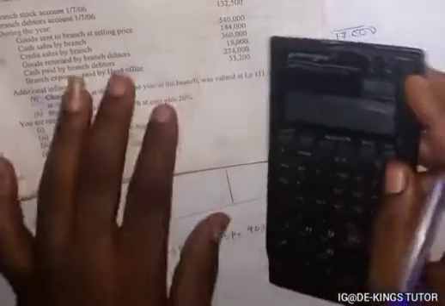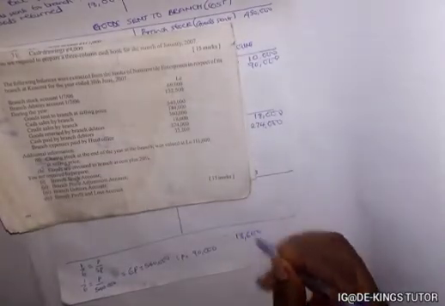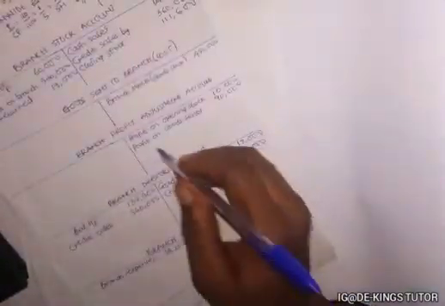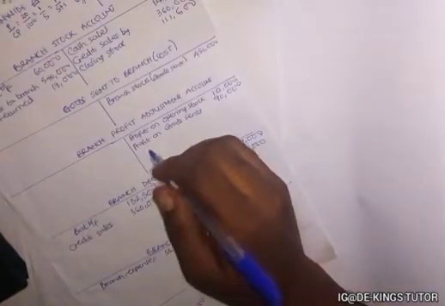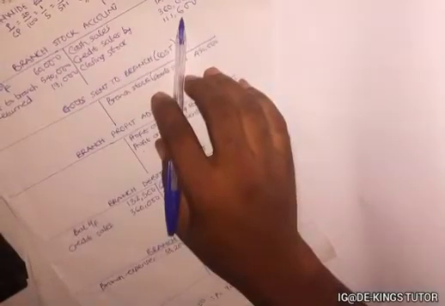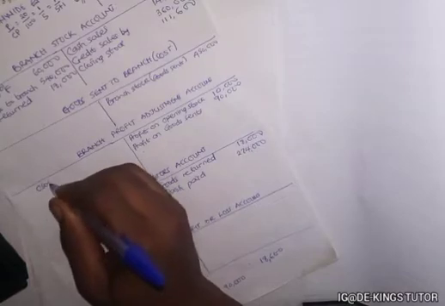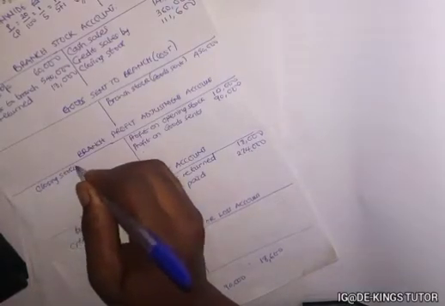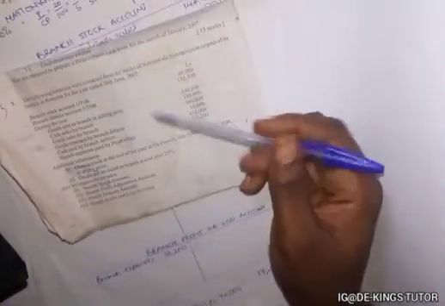So it will be 111,600 divided by 6. That's 18,600. Okay, so the profit on the closing stock, since we are crediting this, we'll debit it here as a closing stock 18,600. Okay, so that is all.